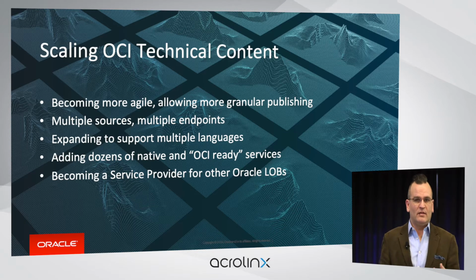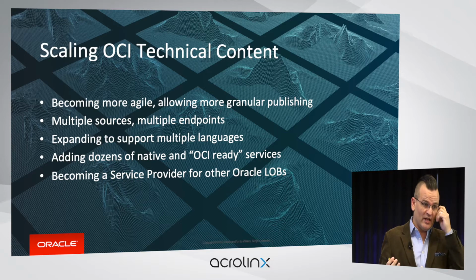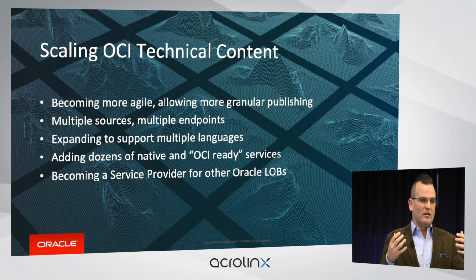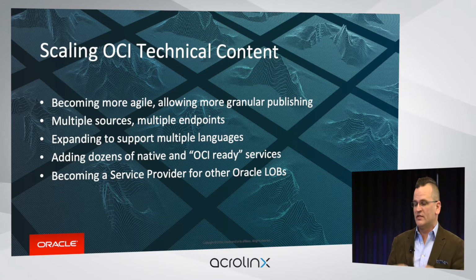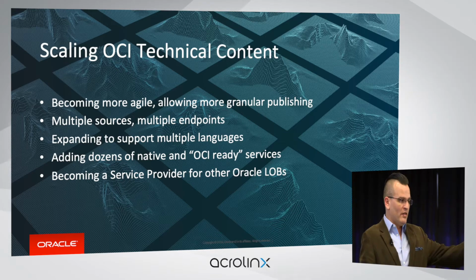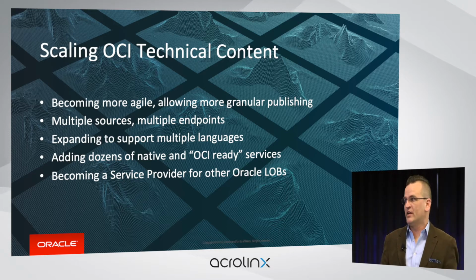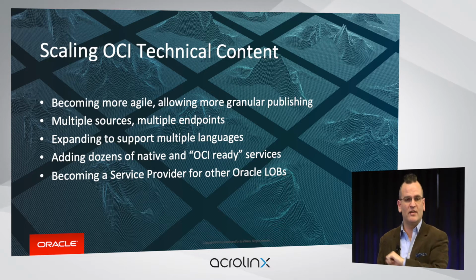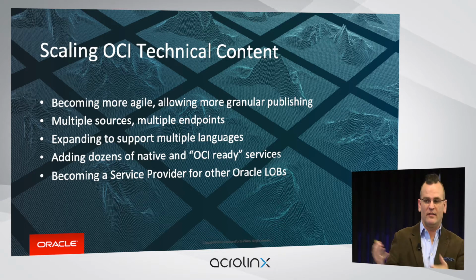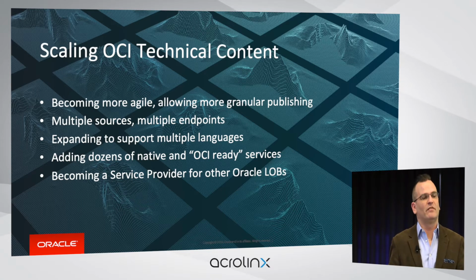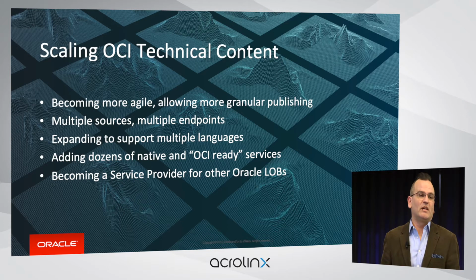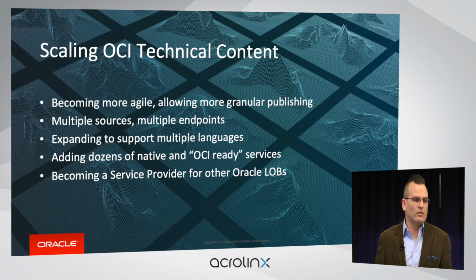And then lastly, we have to scale within the corporation itself. We have other lines of business within Oracle who are seeing the success of Acrolinks, or they're seeing Acrolinks in the wild on their own, and they're calling up Don or someone else, and he's saying, look at these guys right there. If they're in your company and they're doing it. Now they're reaching out to us and saying, how can we get involved with this too? And we're going to become a service provider for the greater Oracle organization in that way.